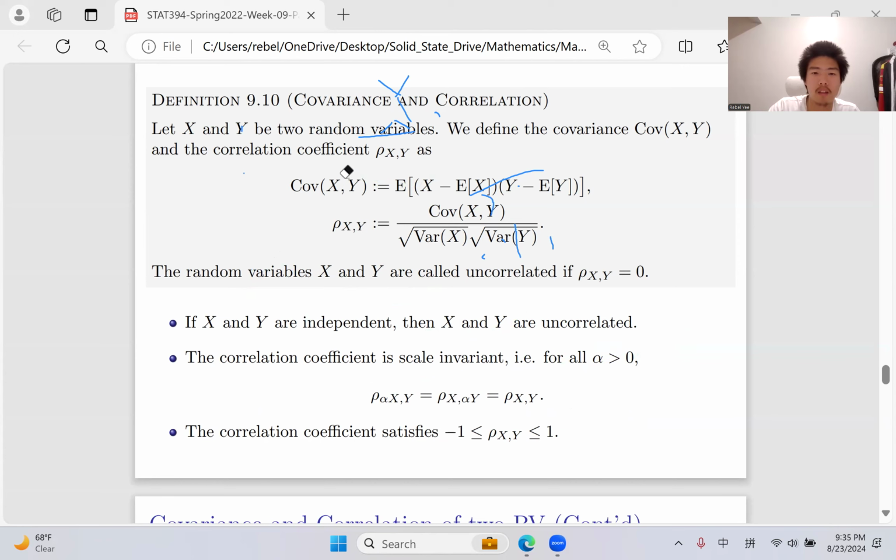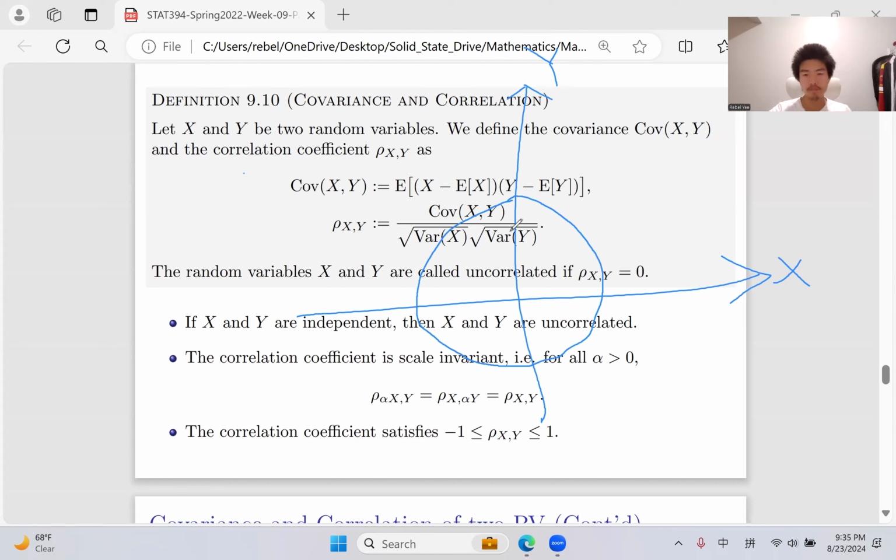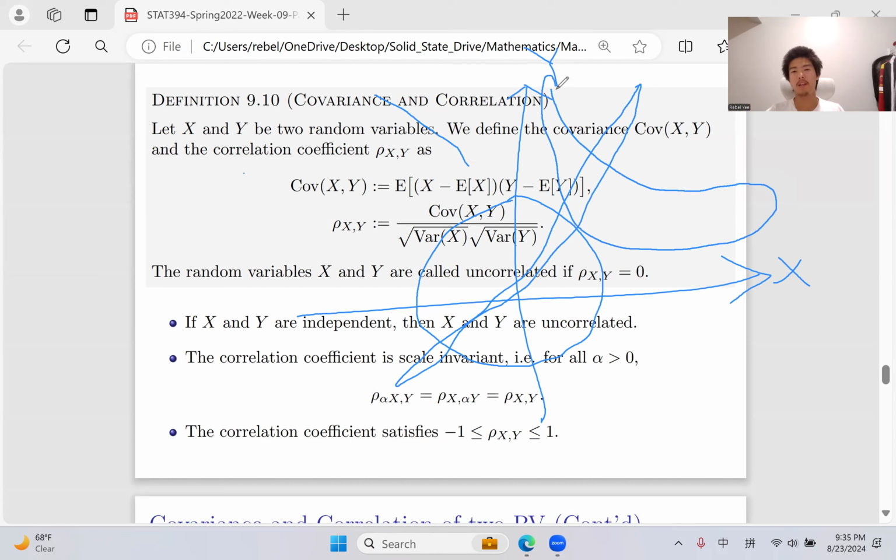But being uncorrelated doesn't mean they are independent. A good example is this: this is X and this is Y, and if you draw all the points on a unit circle, it's uncorrelated at all. Because correlation always means there is a roughly linear relationship. Like this means they're positively related, and if you observe something in this band, it means it's negatively correlated.